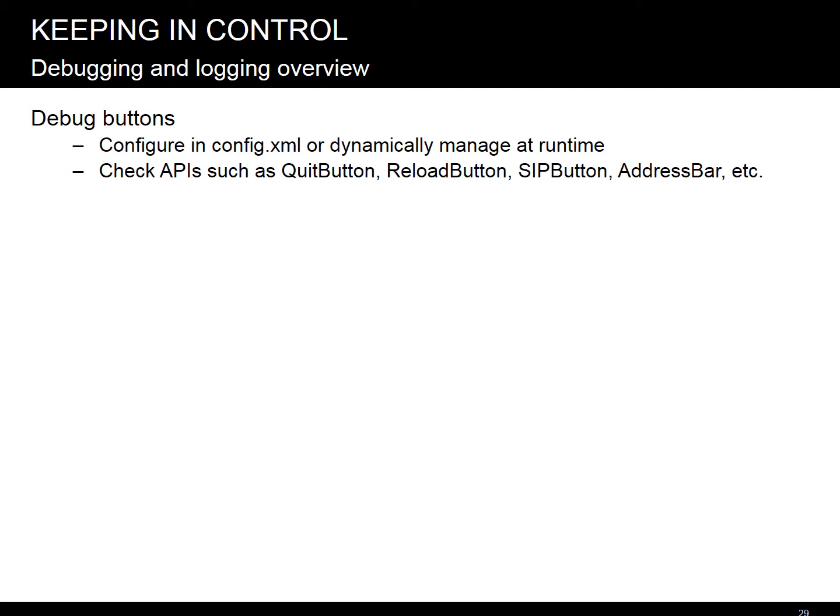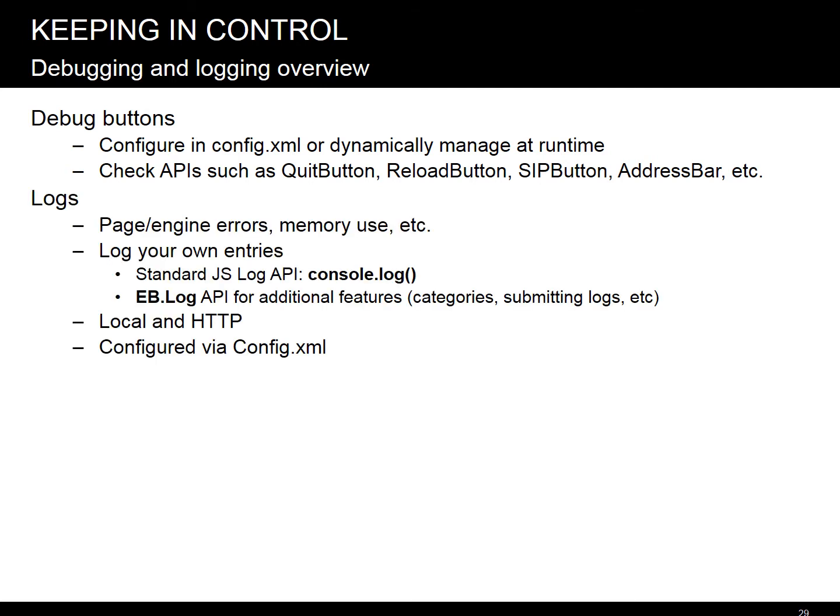Check out the respective APIs, including the address bar and SIP software input panel button that allows user to bring up the virtual keypad. Then, of course, there are logs.